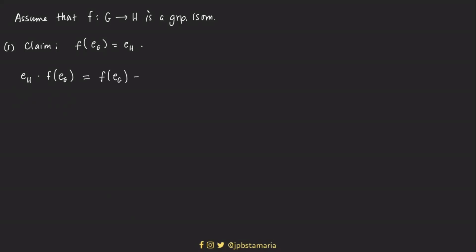Agree, okay. On the other hand, the EG inside, when I multiply it by EG, it's still EG. The identity of G times the identity of G is the same as the identity of G. Now, because F is operation preserving, the F of the product must be the product of the F's. What does that mean? It is equal to F of EG times F of EG.